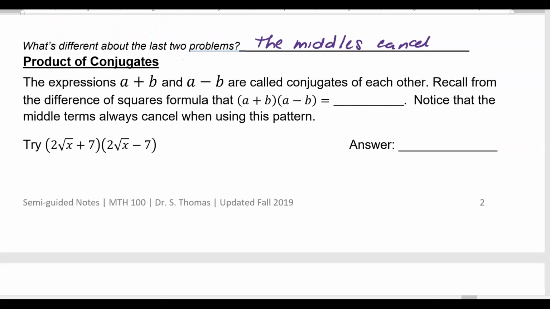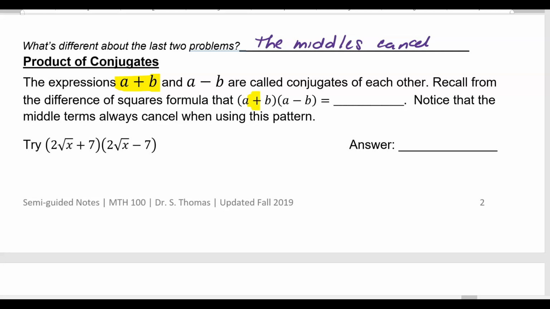So these are called conjugates of each other. So the conjugate of a plus b is a minus b, and the conjugate of a minus b is a plus b. Alright, so the only thing you change to find a conjugate is the sign in the middle. So recall from the difference of squares formula, we have something like a plus b times a minus b.